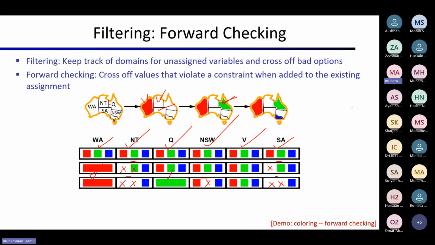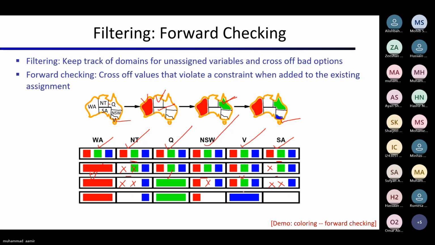Let's say we decided that we will next select V for the assignment, and V has all three possible options available. We can assign any of these colors to V, and let's say we assign V the blue color. The neighbors of V are NSW and SA.